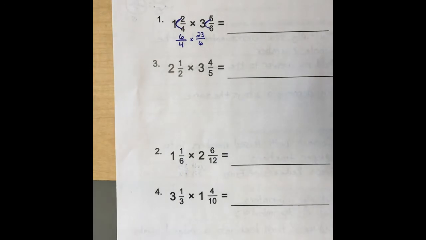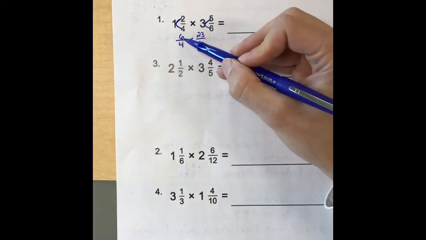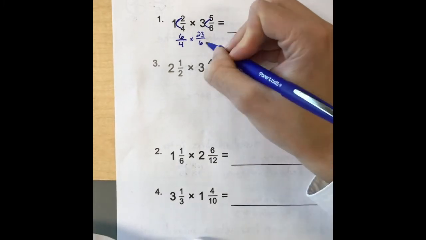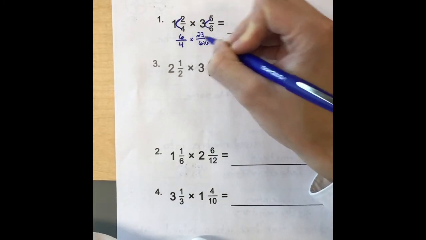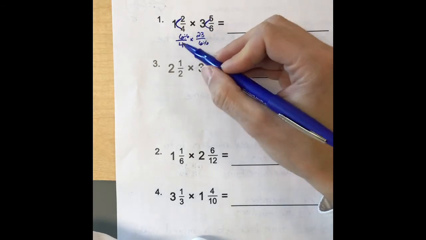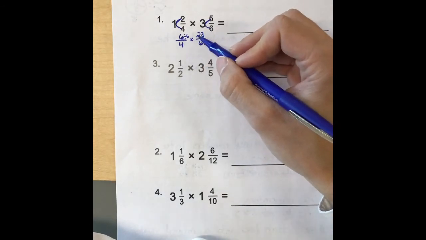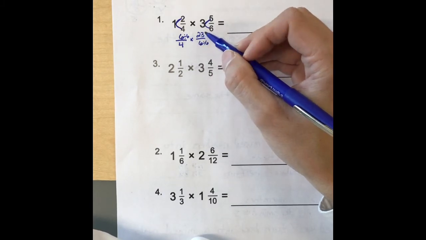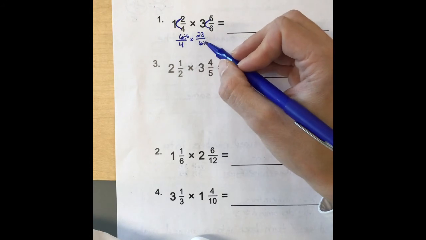Step 2 says to look across to reduce. So I look at this 6 and 6. What goes in evenly? Well, they're the same number, so 6 is going to go in evenly. I look at my 23 and 4. Does anything go in evenly to 23 and 4? Well, 23 is prime, and 4 doesn't go into 23. So that one just stays the same.